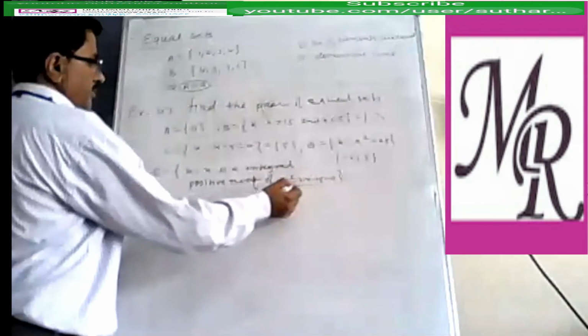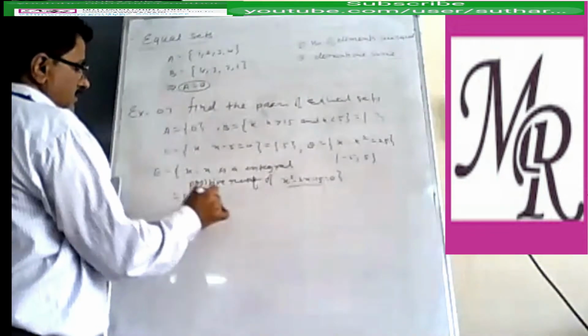So what elements does this set E contain? If you solve this equation, what value of x do we get? By splitting the middle term, you can solve the quadratic equation. x square minus 2x minus 15.